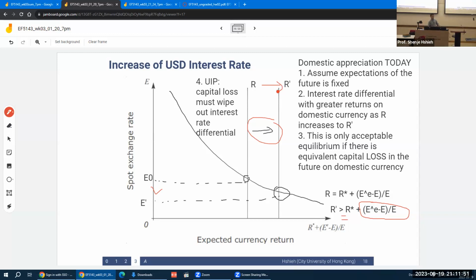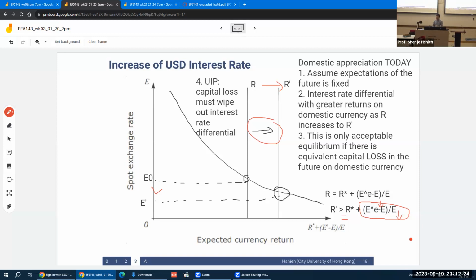That's how you should read the graph, okay? R goes from R to R prime. My currency gets stronger. But the reason that it gets stronger is actually going the opposite direction. It's getting stronger so that this term gets larger, right? And the only way this term gets larger is if E goes down, so that there is future domestic currency depreciation.